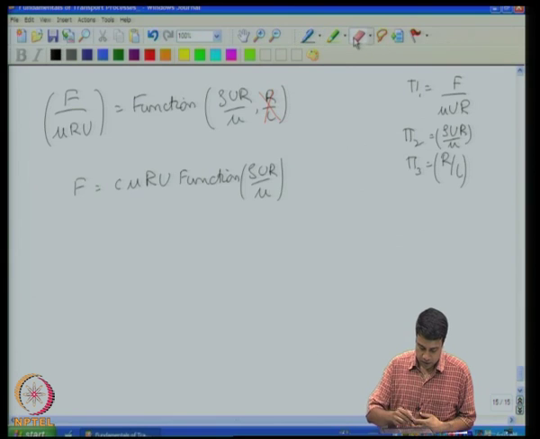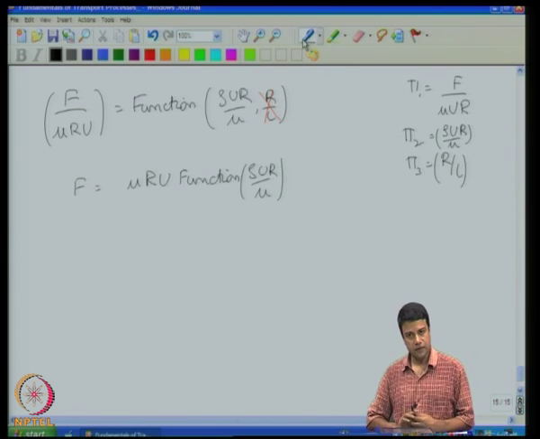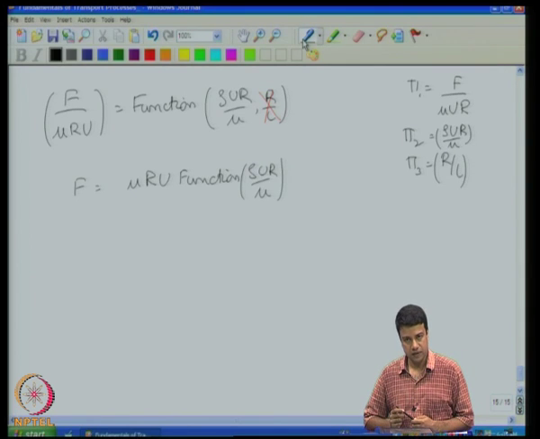Okay. Now, here is where some physical understanding can come in to further simplify the problem. I said that the Reynolds number is the ratio of inertial and viscous stresses. Now, if the Reynolds number is small, that means that inertia is small compared to viscosity. That means that inertia no longer matters. So, therefore, the force should be a function of viscosity, r and u alone.